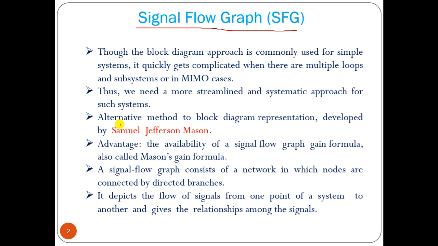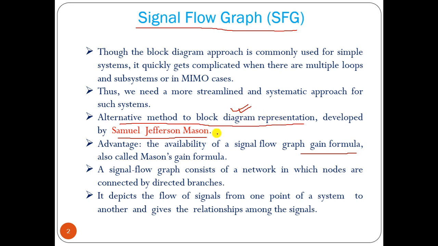Now, an alternative method to block diagram representation was developed by Samuel Jefferson Mason. What is the advantage of the signal flow graph technique? The availability of the signal flow graph gain formula. That means we don't have to reduce the signal flow graph, as we did with the block diagram reduction technique to find the transfer function of a complicated system.